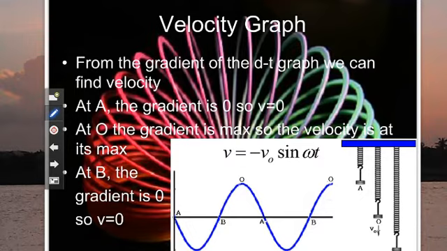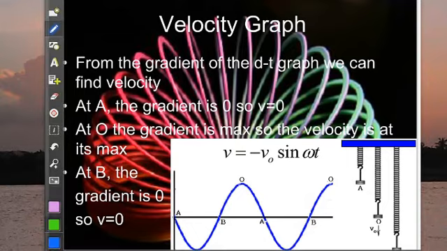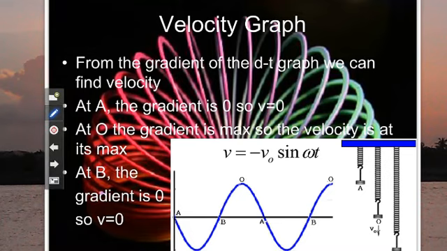But if we look at our velocity graph and we kind of remember back in our heads what was going on in the previous graph, in the displacement graph, our displacement graph started, remember, up here and traveled down and went to here and then up and here, down. Okay?